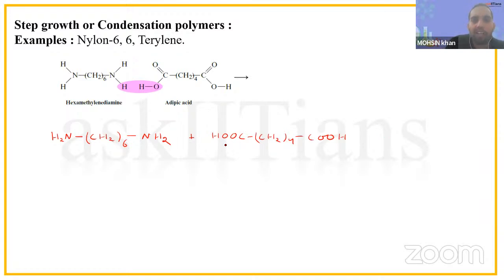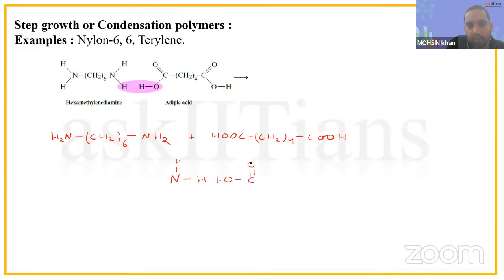Now, what happens? Basically, we have an NH2 group. From the NH2 group, we take one hydrogen atom, and from the carboxylic group, we take OH.